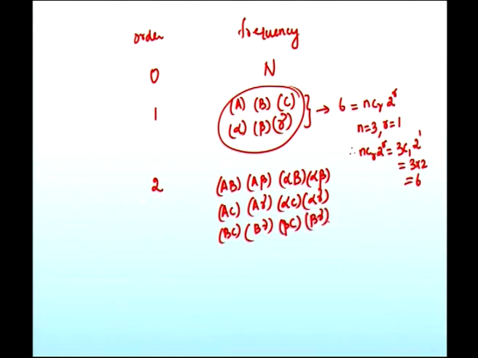Totally how many frequencies do you have? 12. How is 12 arrived? n is equal to 3 and r is equal to 2. So, nCr into 2 power r is equal to 3C2 into 2 square. 3C2 is 3, into 4, you get 12.